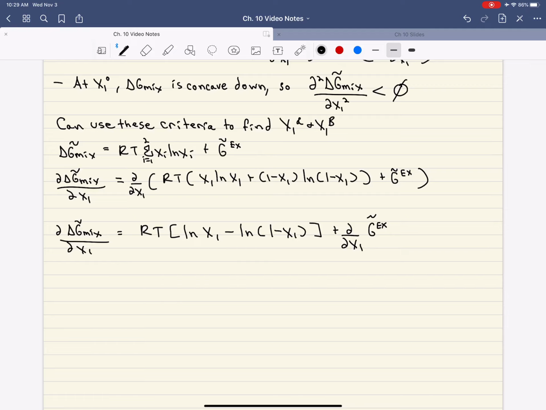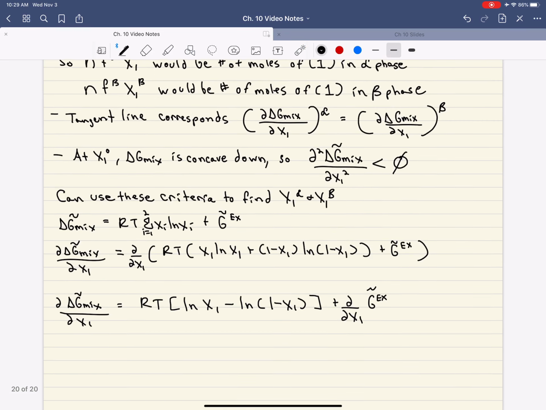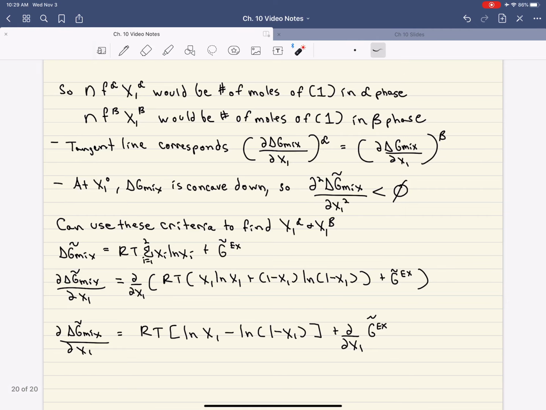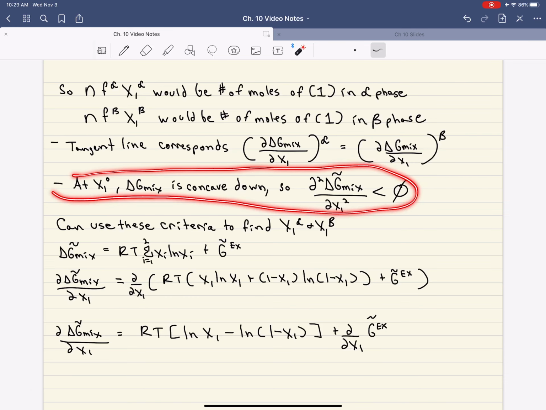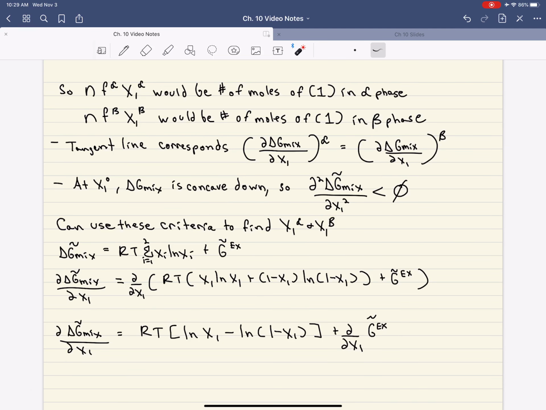Okay, where here I'm just saying, this is just the derivative of the excess Gibbs energy. We haven't assumed a model yet, so the actual functional form of this derivative will depend on the model that we choose. All right, so that's the first derivative. But now we also need to account for the part that says that at x1 naught, the delta G mix is concave down.